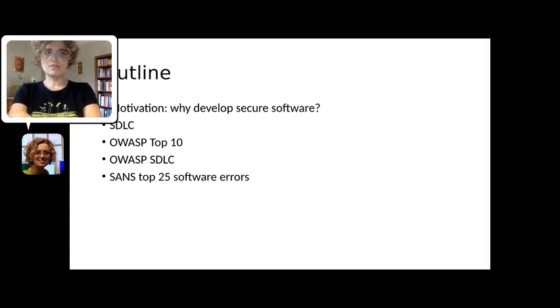So I'm going to give you in the beginning some motivation about why we develop secure software, and then we will look at the software development lifecycle, but in terms of security. So we're going to call this the secure software development lifecycle. And then we're going to look at some standards for secure software development, the OWASP standard and the SANS standards.